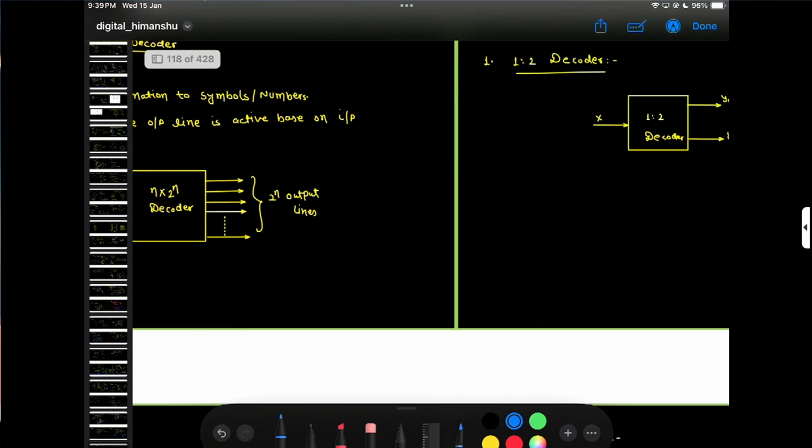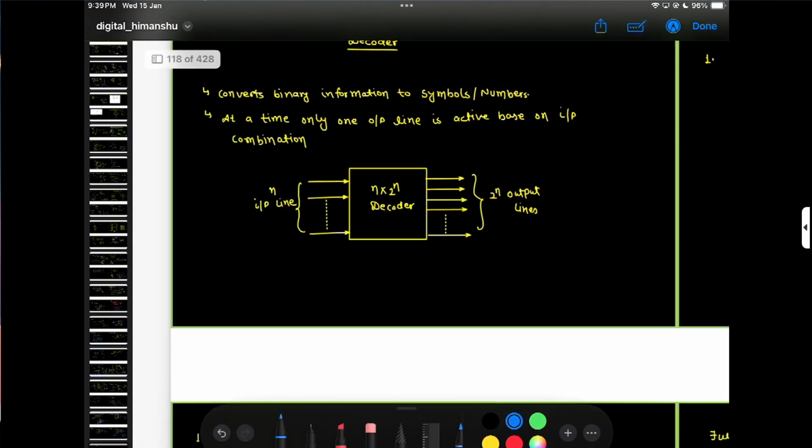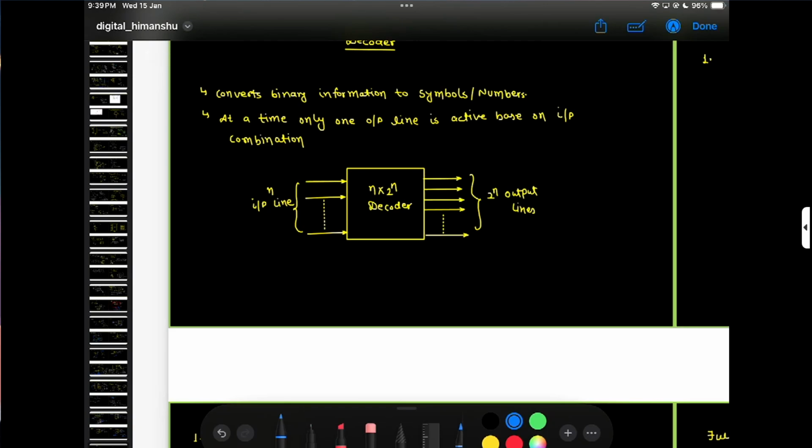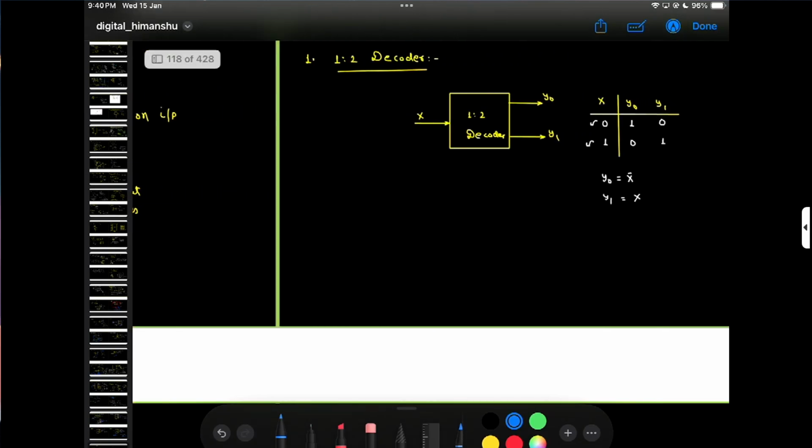If you have a 3 cross 8 decoder and the input is 1 1 1, it selects output number 7. If it is 0 0 0, it selects output 0. That's the way it works.